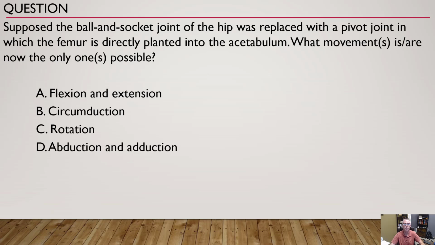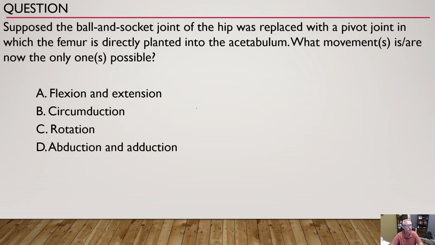All right, so suppose the ball and socket joint of the hip was replaced with a pivot joint, in which the femur is directly placed in the acetabulum. What movements are now the only movements possible?